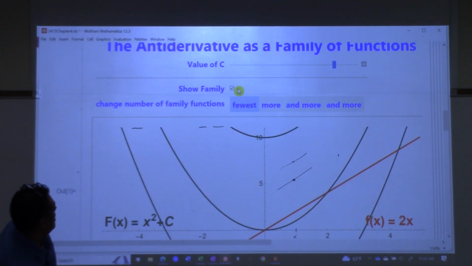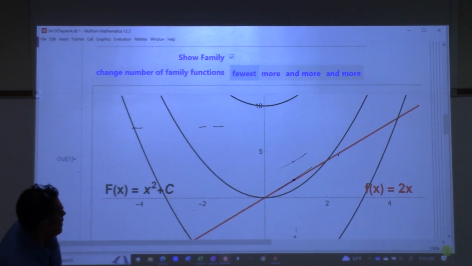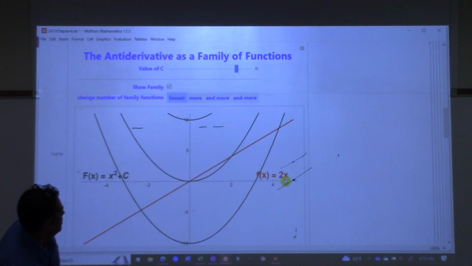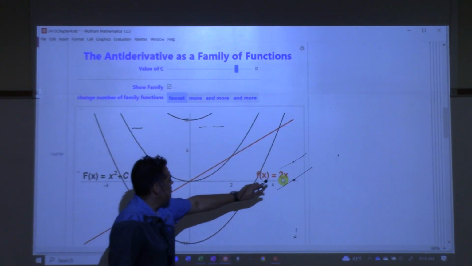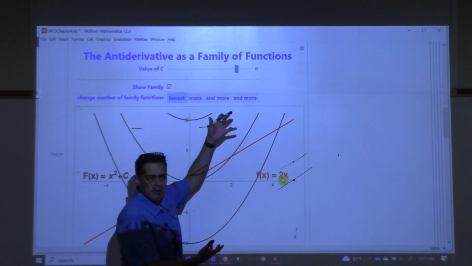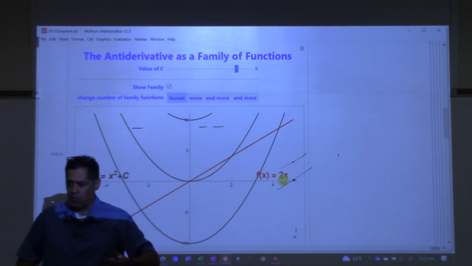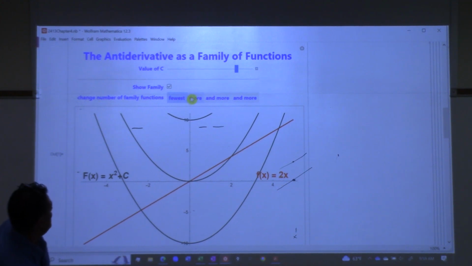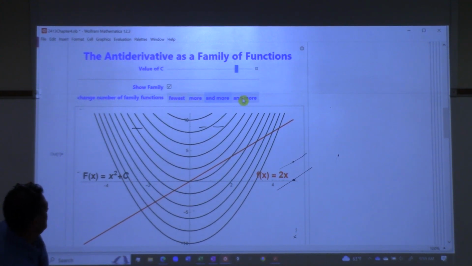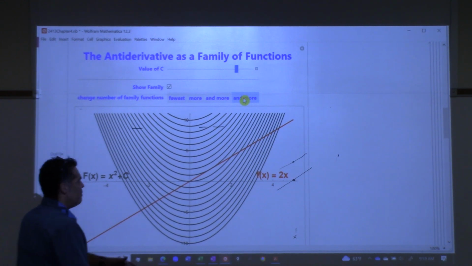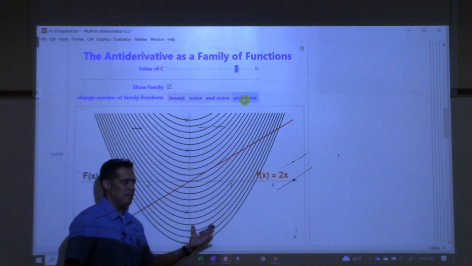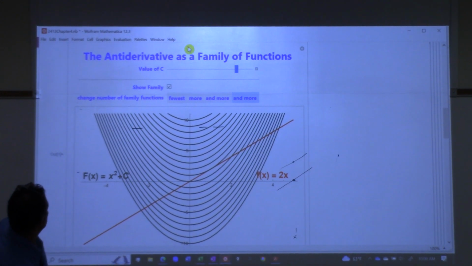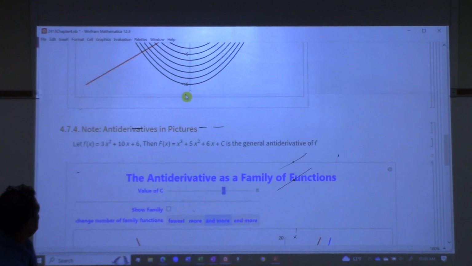Well, how many of them are there? How many functions are there that are antiderivatives of this? Infinite, right? It's x squared plus any constant. It doesn't even have to be a whole number. So you have an infinite number of parabolas, x squared plus c, that have all been moved up or down. They all have the same property.